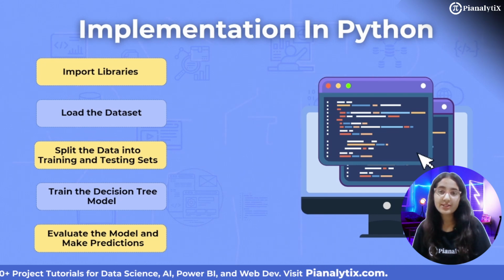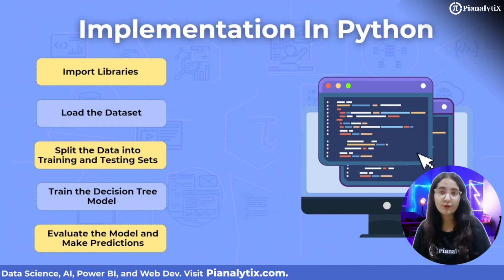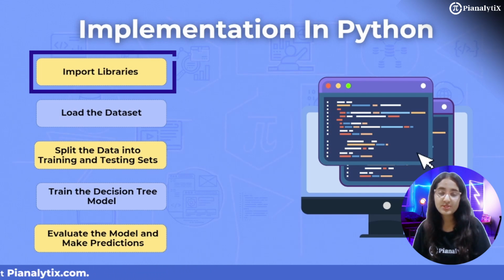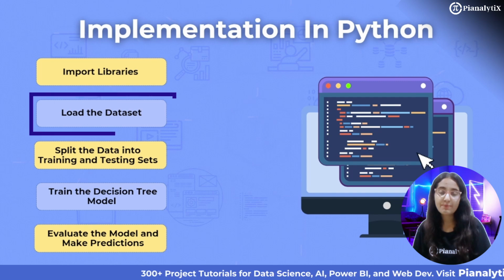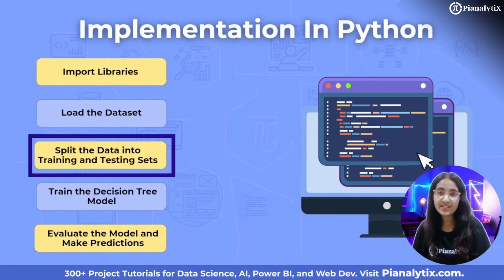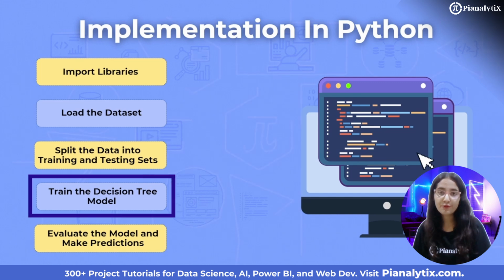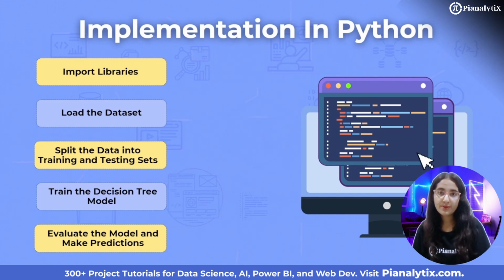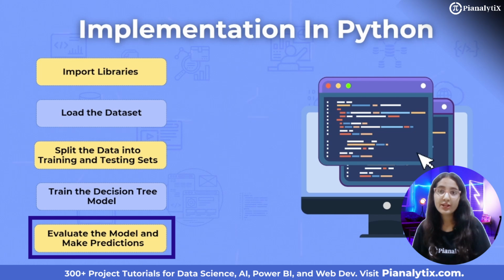So, here are the 5 key steps we will follow for our implementation. Step number 1, importing necessary libraries. Step number 2, prepare the dataset. Step number 3, splitting the data into training and testing sets. Step number 4, train the decision tree model. And step number 5, evaluating the model and making predictions.